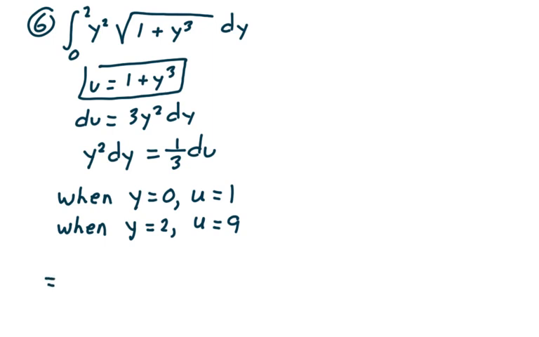And so this is 1/3 the integral from 1 to 9 of square root of u du, which is really nice to integrate, right? So this is 1/3 times 2/3 u to the 3/2, right?